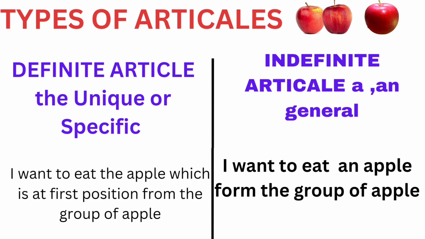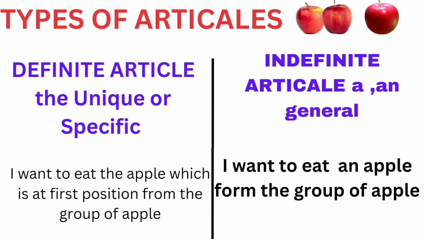Now suppose you want a specific apple, let's say the first one: I want to eat the apple which is at the first position from the group of apples. You can notice here how we use the for pointing to the specific apple and an for a generalized apple. You can also notice we use an and not a for pointing to an apple in a general context.